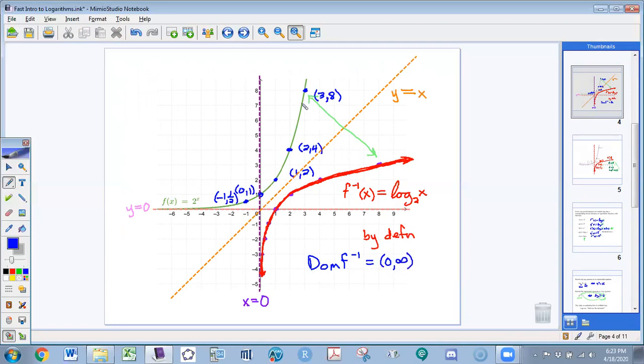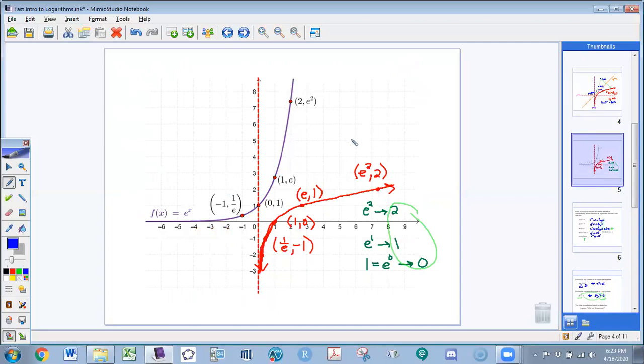And again, because of that flip-flopping of x and y, the range of my original function, which is y, becomes the domain of my inverse function, because that becomes x. So the domain of the log function is 0 to infinity, and that's true for all log functions before you do any transformations.